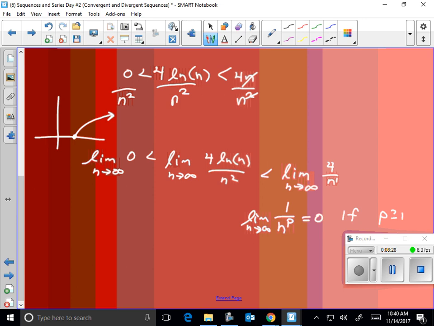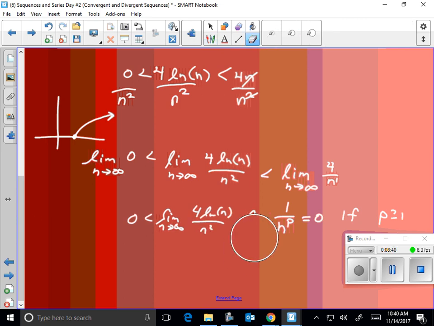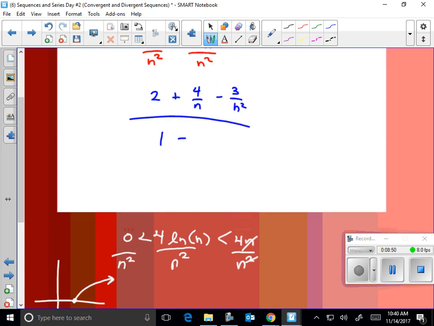Squeeze theorem. So now if this thing, limit as n goes to infinity of 4 natural log of n over n squared, let me erase this. I know this goes to 0. If it's between 0 and 0, what must it be? 0. Okay, so it must be 0. So look at that.